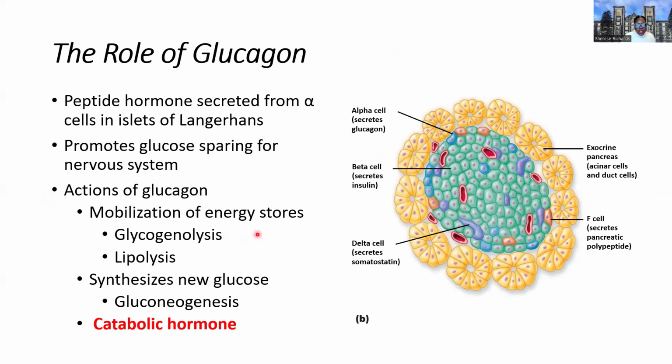Other functions of glucagon are to mobilize energy stores: stimulate or enhance glycogenolysis, the breakdown of glycogen; lipolysis, the breakdown of fats; and the production of new glucose from protein sources, which is gluconeogenesis. So glucagon will be turning on catabolic processes and turning off any anabolic or building-up processes, right? It's going to be breaking things down, liberating energy for ATP.